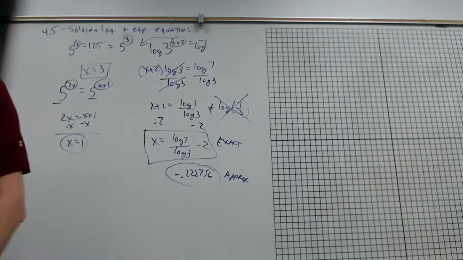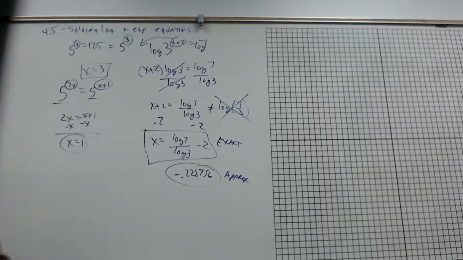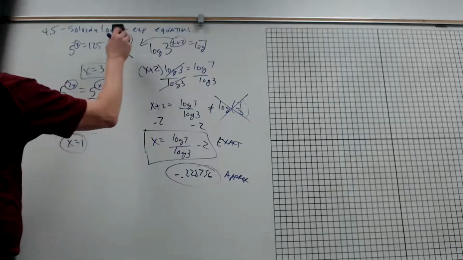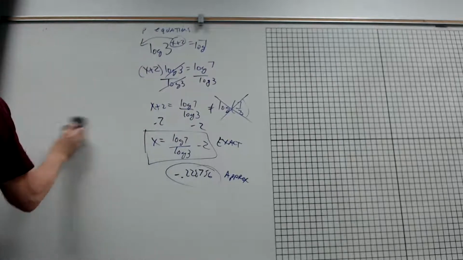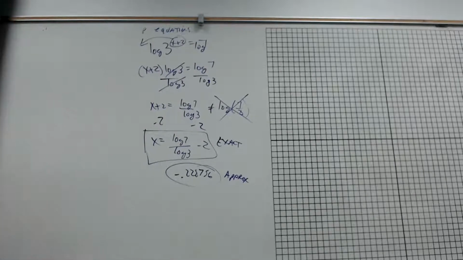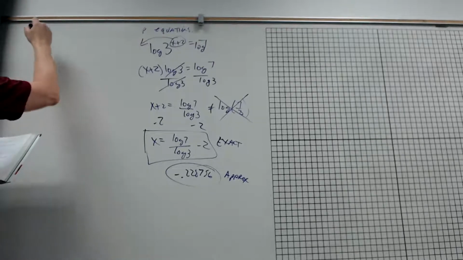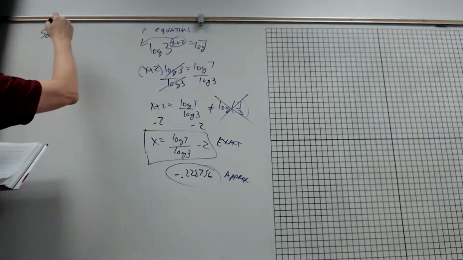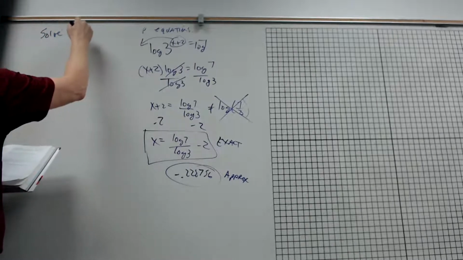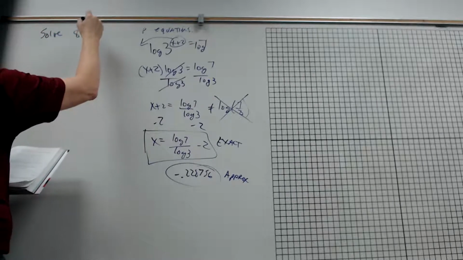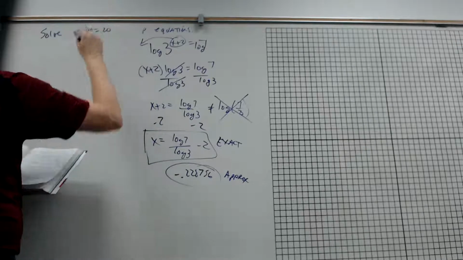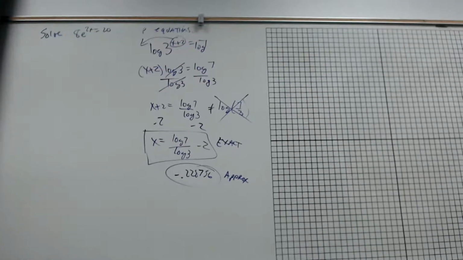All right, let's do another one. Solve 8e to the 2x equals 20. Mauricio, it must be your turn. How would you solve this?